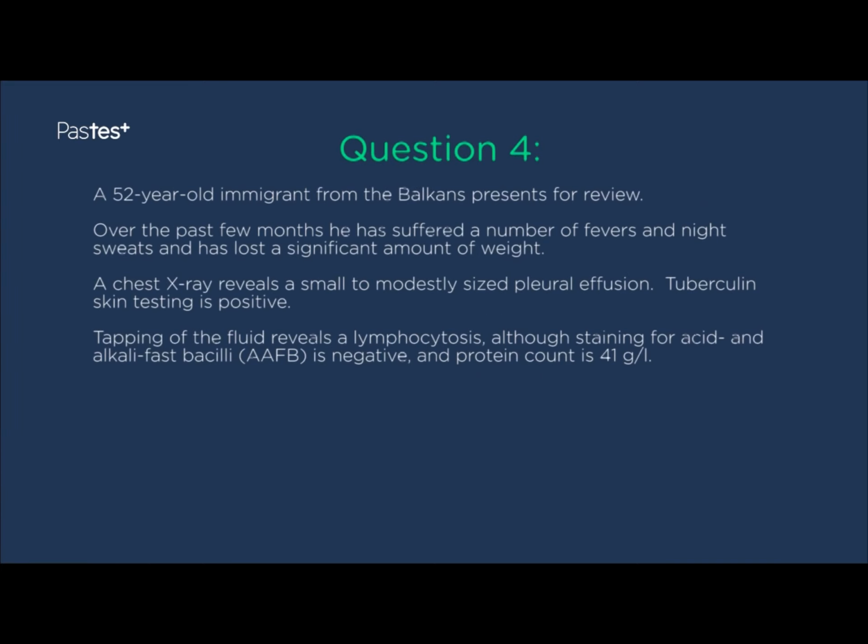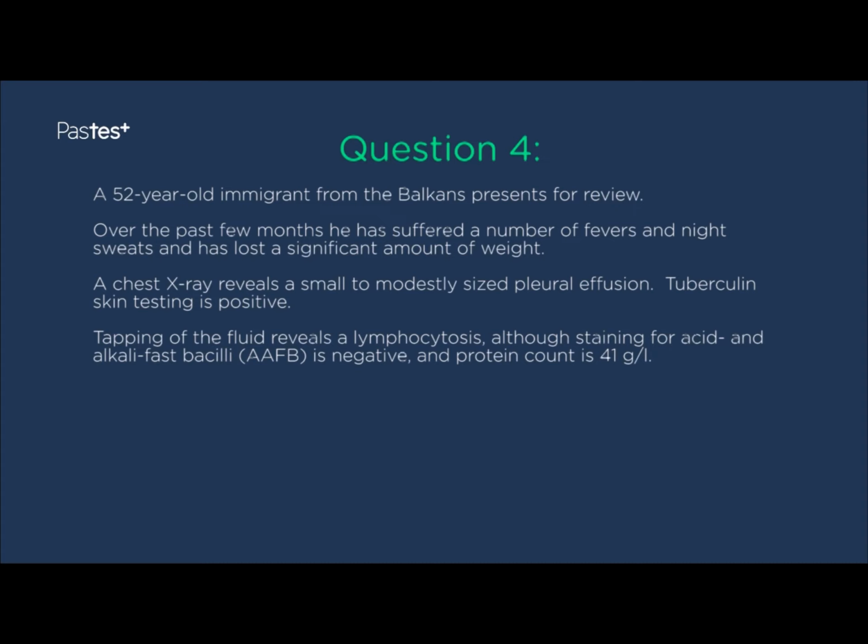Question 4. A 52-year-old immigrant from the Balkans presents for review. Over the past few months, he has suffered a number of fevers and night sweats and has lost a significant amount of weight. The chest X-ray reveals a small to moderately sized right-sided pleural effusion. He has a positive tuberculin skin test.